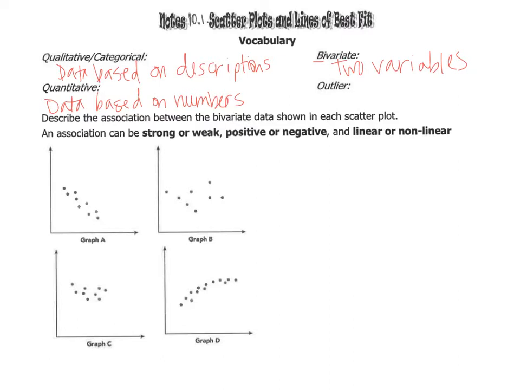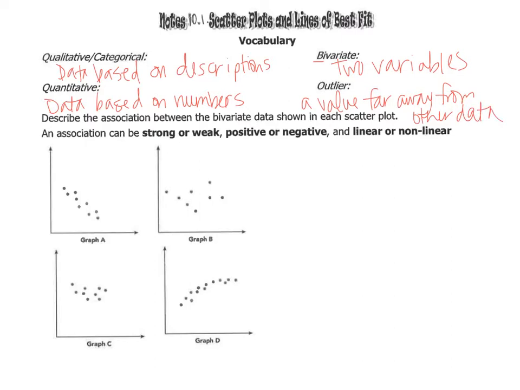And then an outlier. Outlier is a value that's far away from the other data. So we're going to look at some trends.